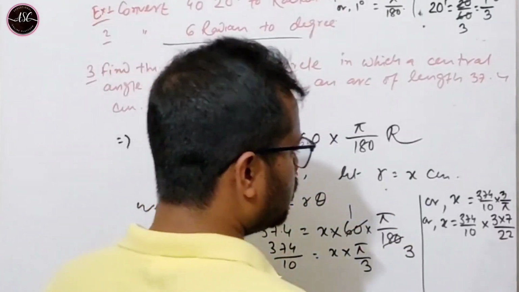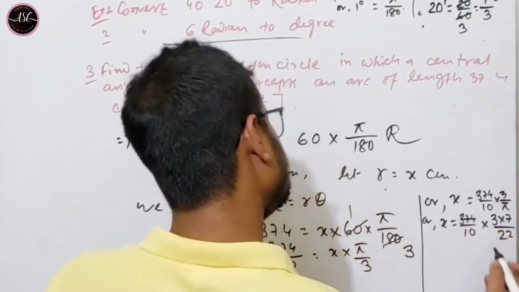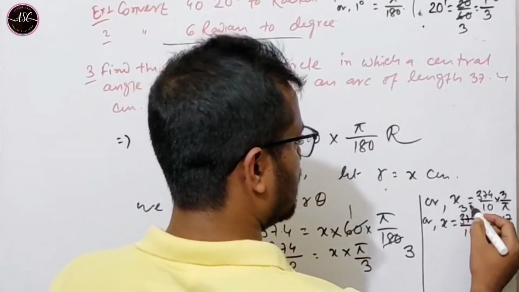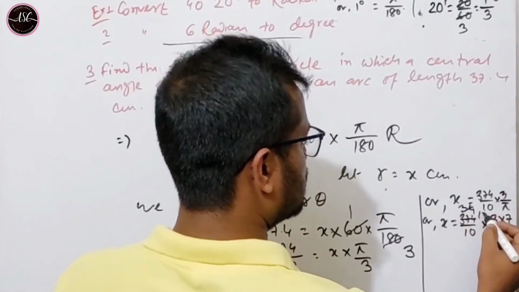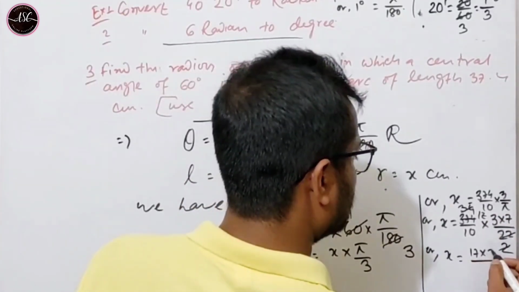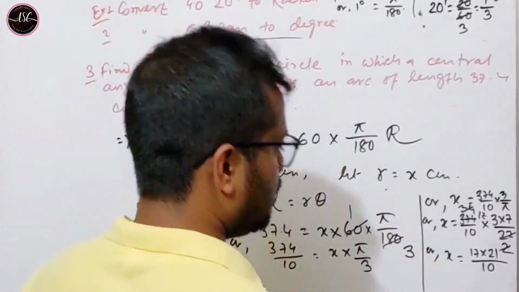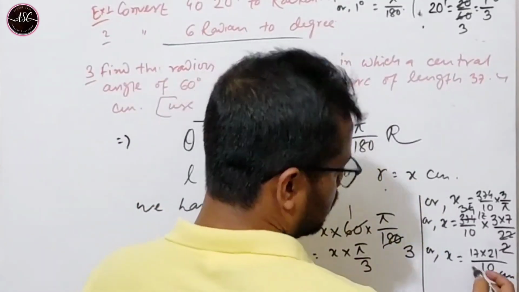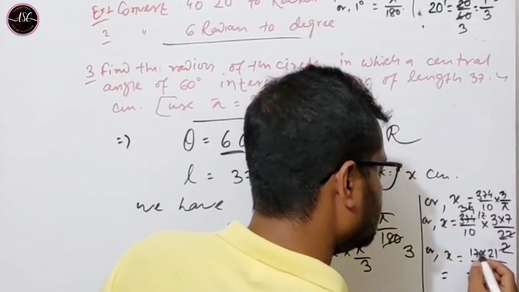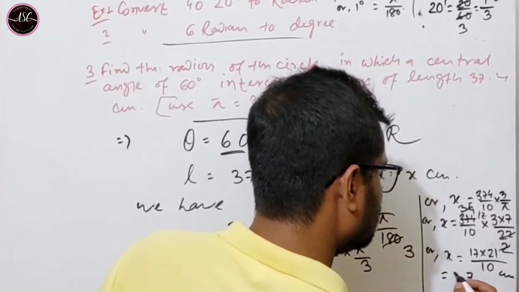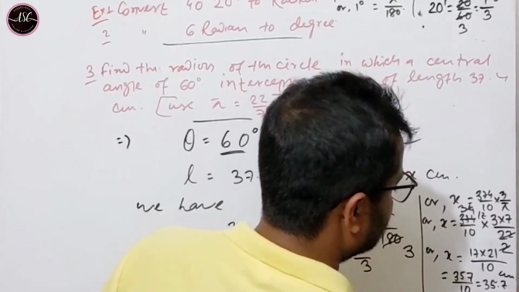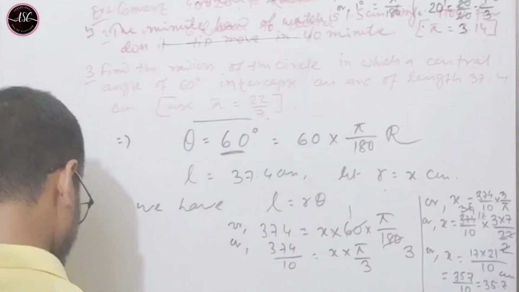Just cancelling these two, we get 2 here, 374 divided by 22 is 17. So we have x equal to 17 into 21 divided by 10 cm. So we have to solve this, which gives 35.7 cm.